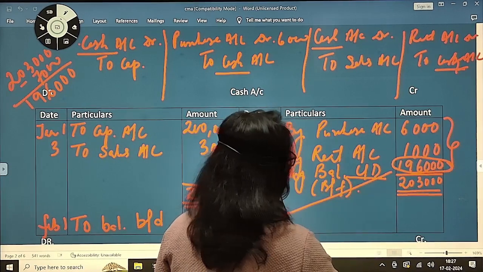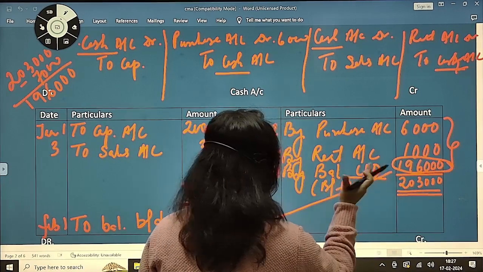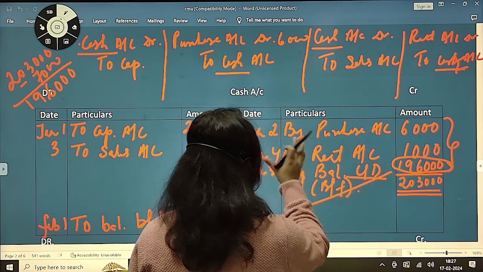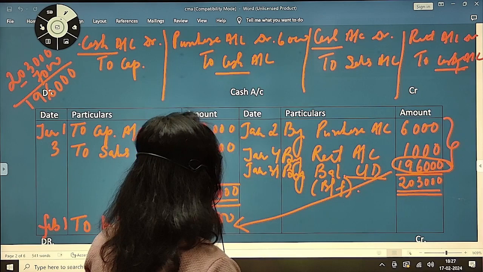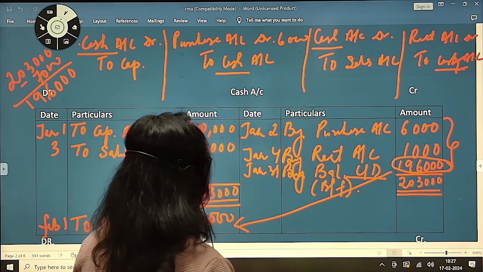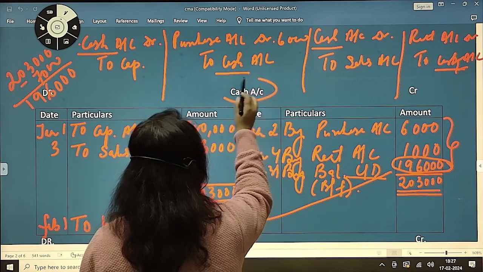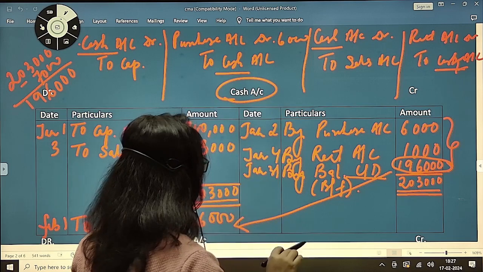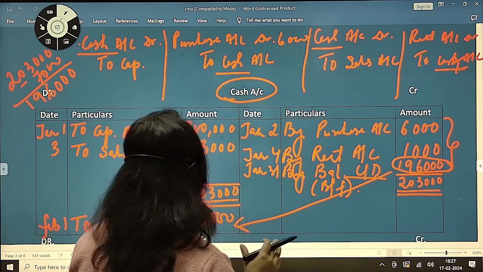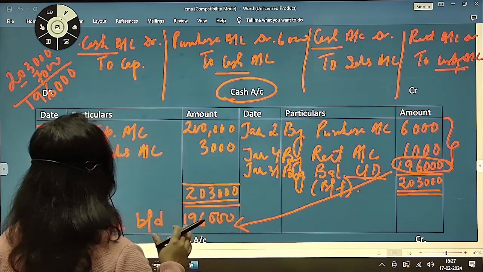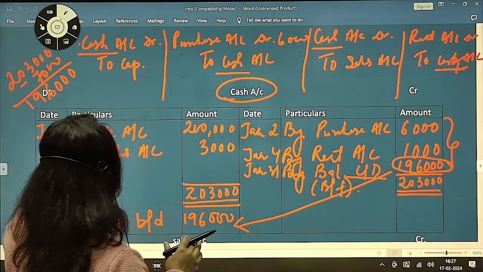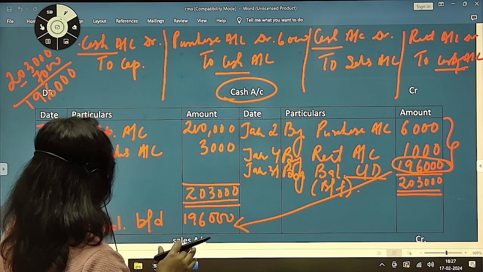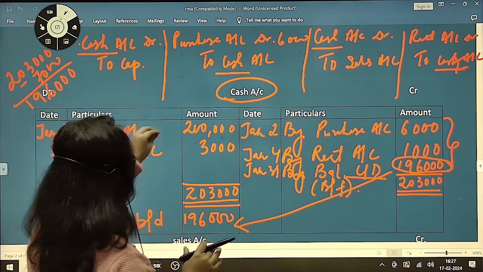This is balancing figure. Okay, so at the end of the month, because we are giving transactions for the month of January, whenever we are closing cash account in the month of January, in the business, as Ajay has started the business, Ajay brought cash in the form of capital 2 lakhs.